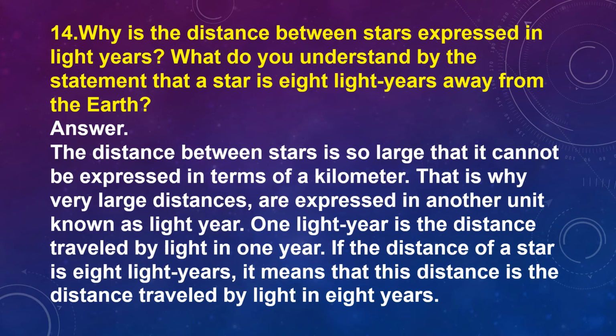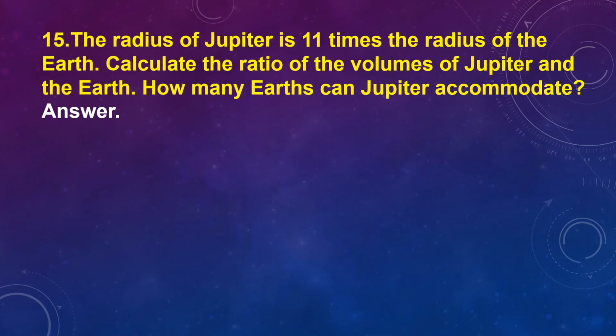Okay. Next question. The radius of Jupiter is 11 times the radius of Earth. Calculate the ratio of the volumes of Jupiter and Earth. How many Earths can Jupiter accommodate?